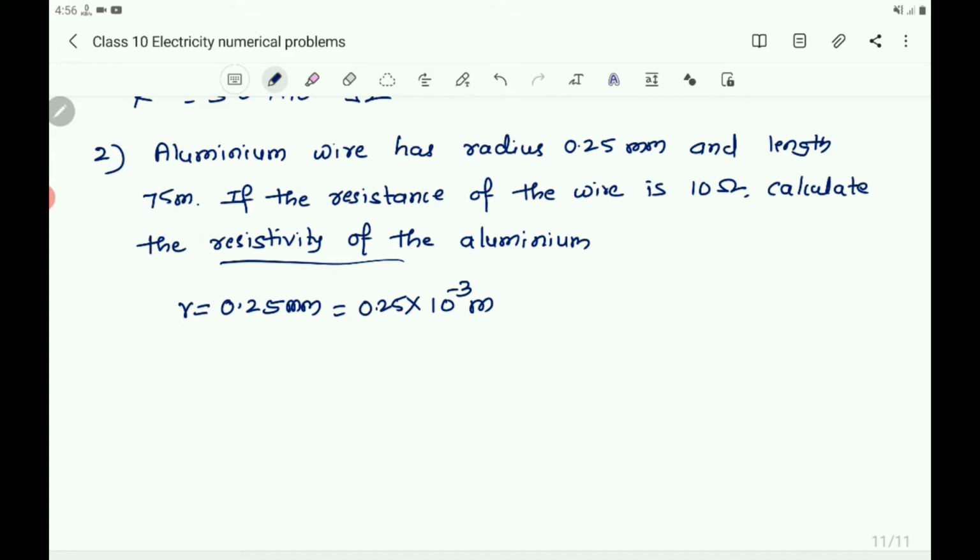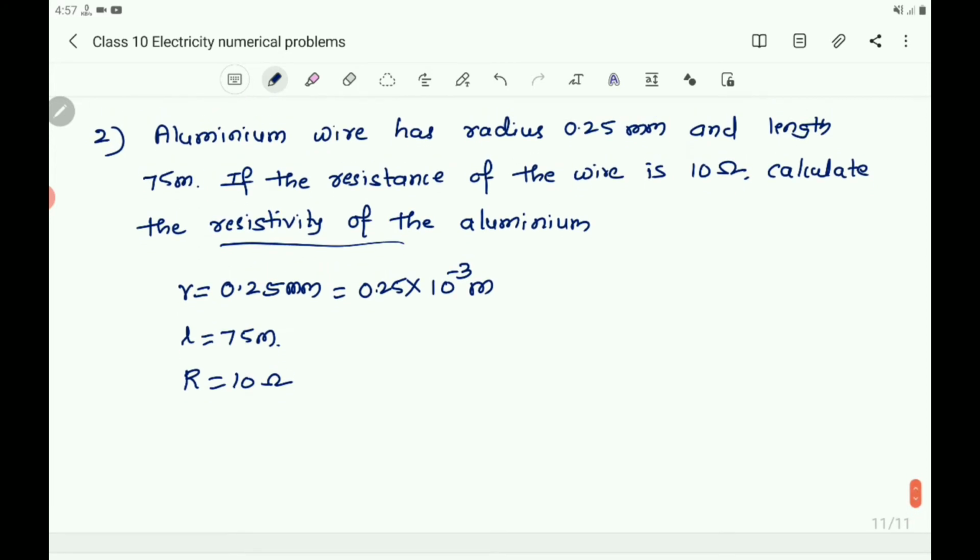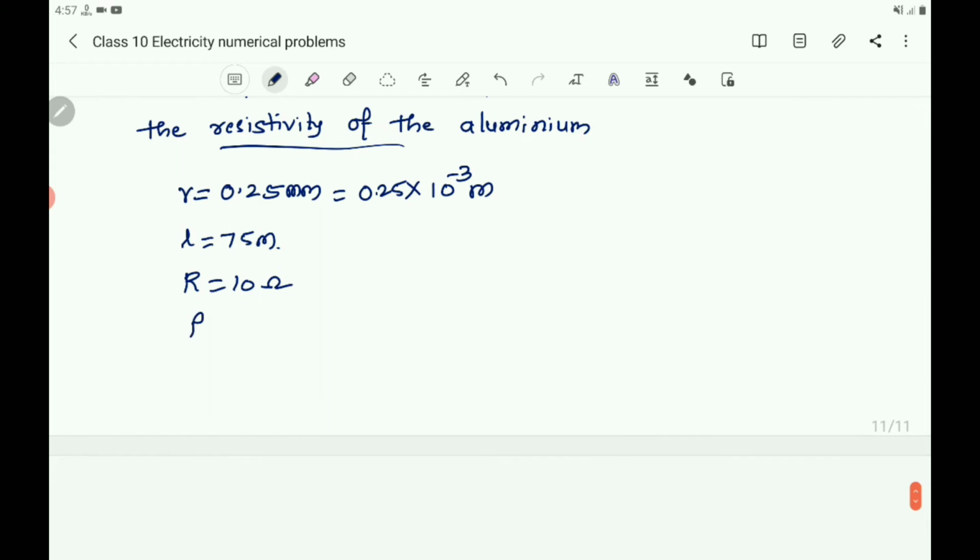Then what is given? L is given. L is how much? 75 m. And R is given. What is R? 10 ohm. Then what you have to find out? We have to find the resistivity. Resistivity we have to find equals question mark.